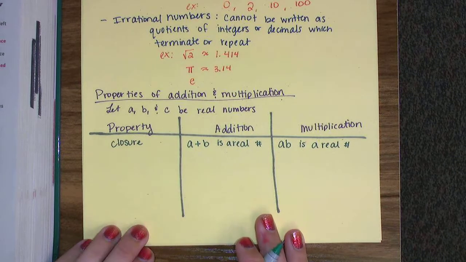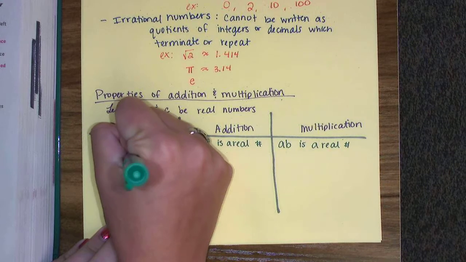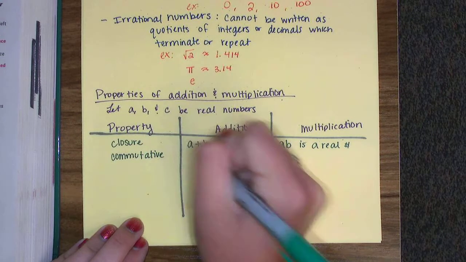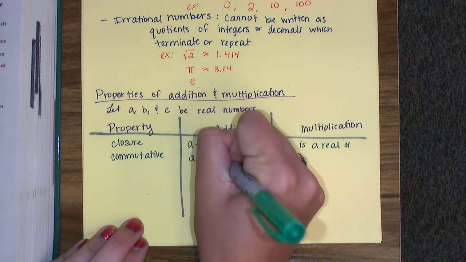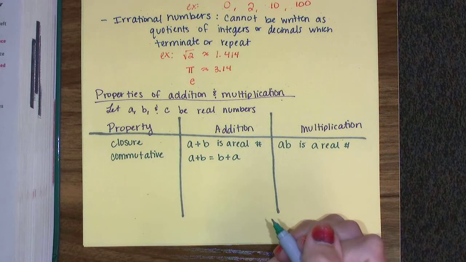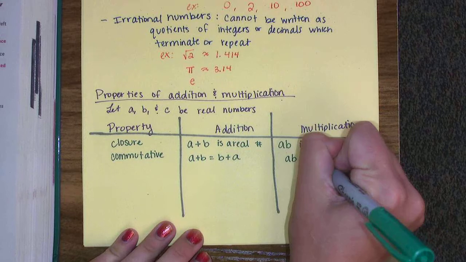So that's the first one, called closure. The next one is commutative. This says that for addition, A plus B is equal to B plus A. And then for multiplication, A times B is equal to B times A.